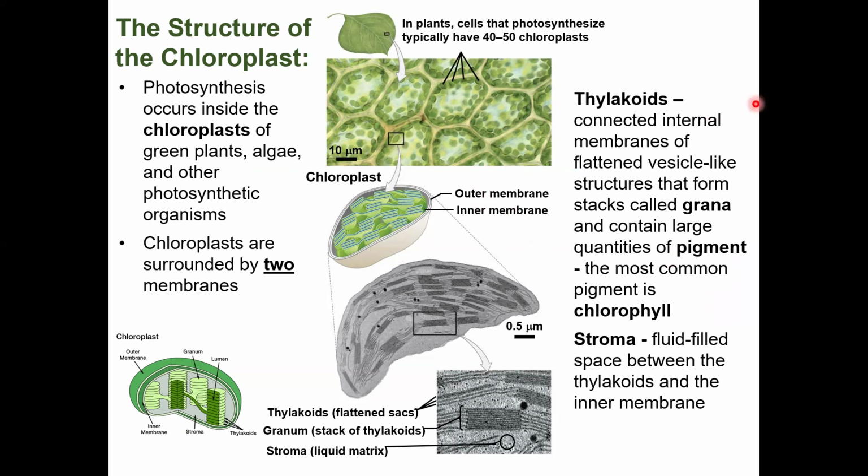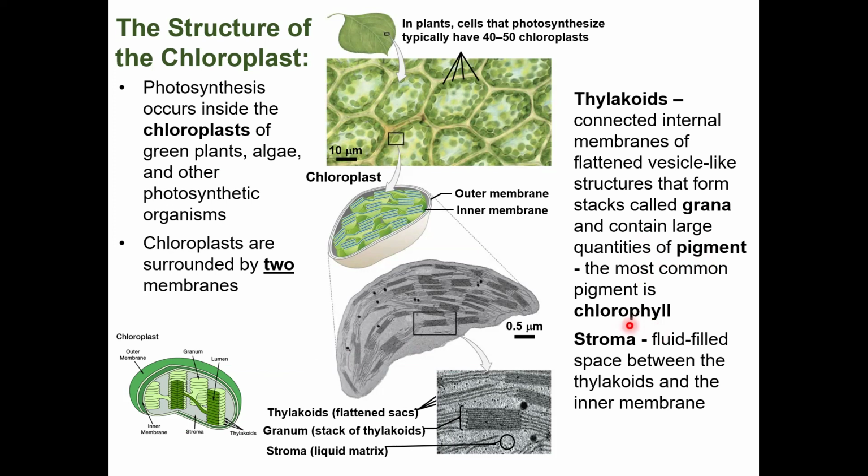But then it also has a structure called the thylakoids, which are connected internal membranes of flattened vesicle-like structures that form stacks like these, called a granum, and it contains large quantities of certain pigments, and the most common one is chlorophyll.